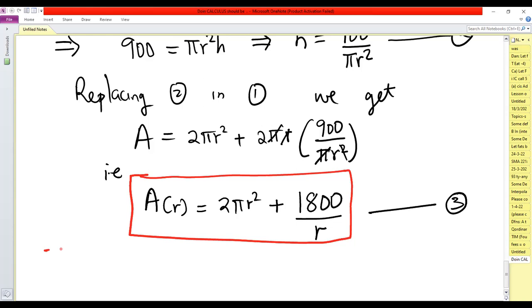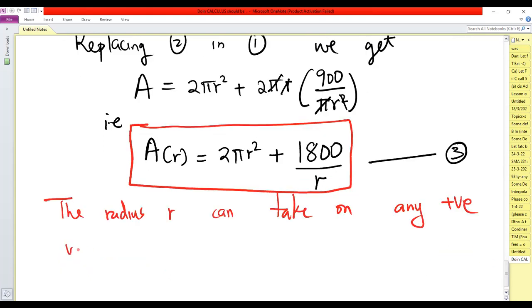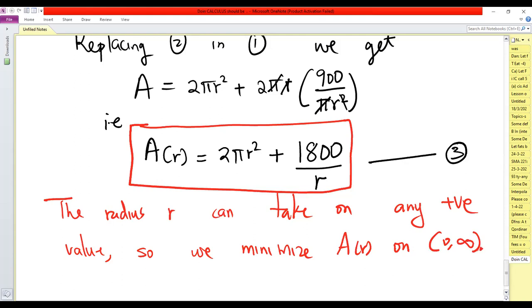It is key that we do our minimization on the interval 0 to infinity, because the radius can only be a positive value.